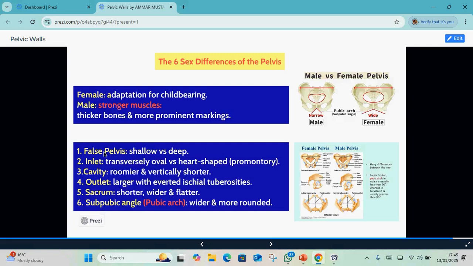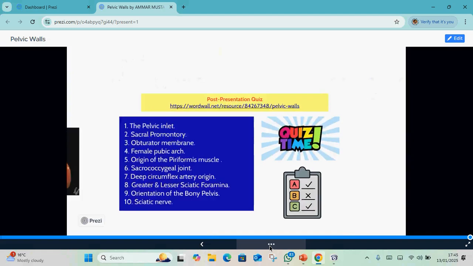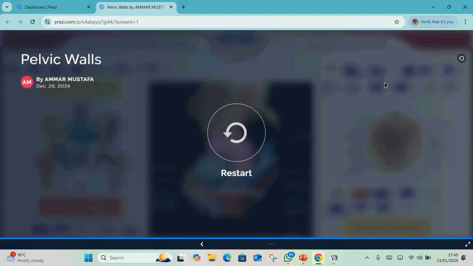Then we said there are differences in the false pelvis, in the inlet, in the cavity, in the outlet, in the sacrum, and in the pubic angle, and you know all these differences, I'm sure. And that was it. So this was the previous lecture. Any question about the pelvic walls?